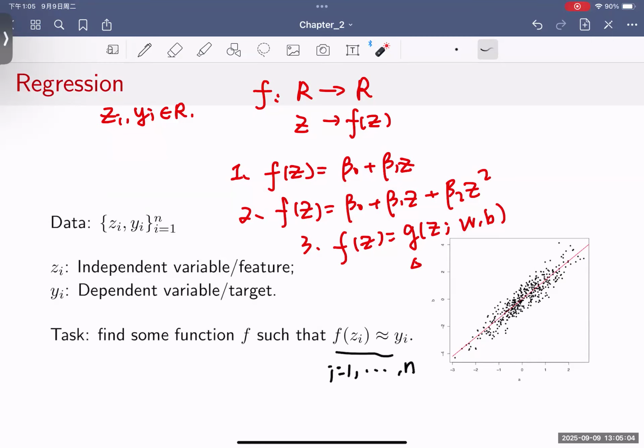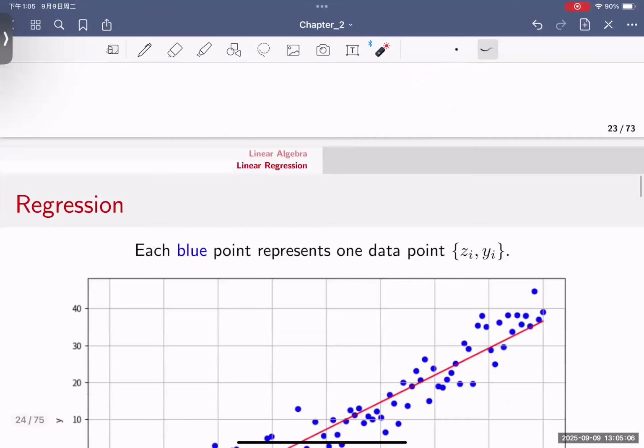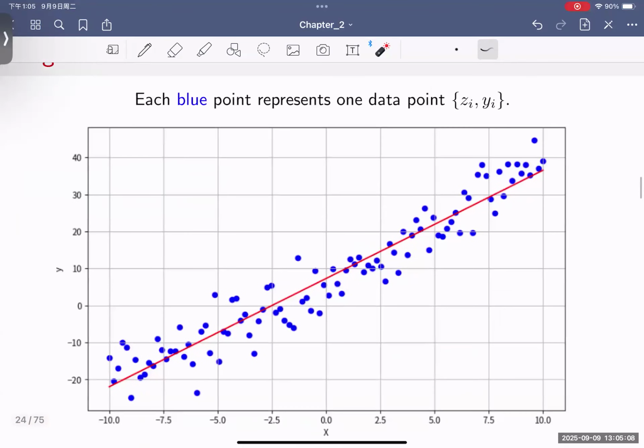Okay, let's look at one concrete example. Now I plot some data, the z and y. Here the horizontal line stands for the value of z, and the vertical line stands for the value of y.